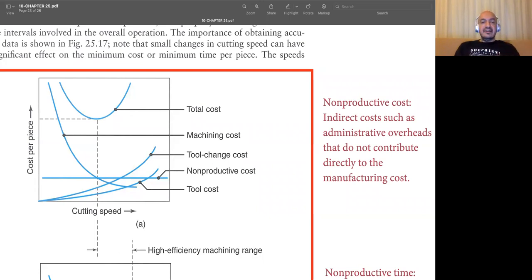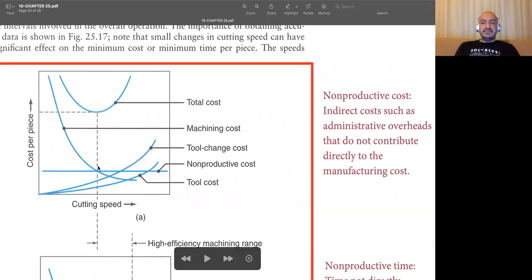So due to that, we will have an increase in the tool change cost. And once you sum all these, you obtain such a curve for the total cost of your machining. So in summary, I can say that we have an optimum cutting speed, which makes your cost the lowest.